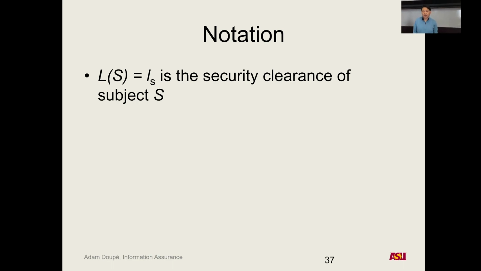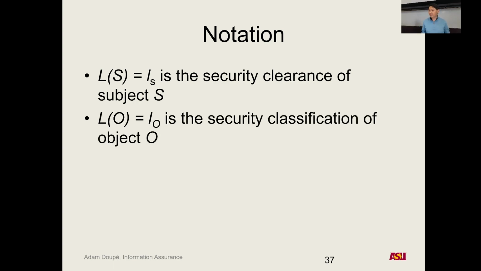This here is not Li, this is the L, right? So the level of security. This function returns L, the level of security, which is the security clearance of subject S. Okay. And another one is the object, the subject and object in access control. So L, the large L, takes the large O, the object.